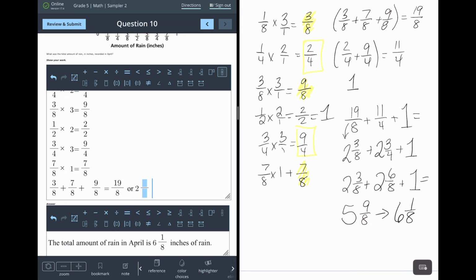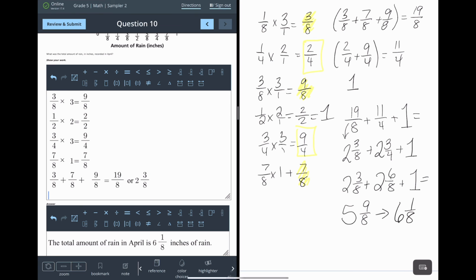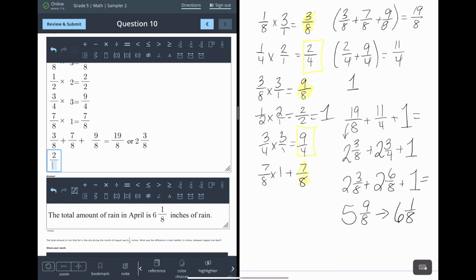2 3/8. And then I do the same thing with the next part, where I do the fourths. 2/4, 2/4 plus 9/4 is equal to 11/4.